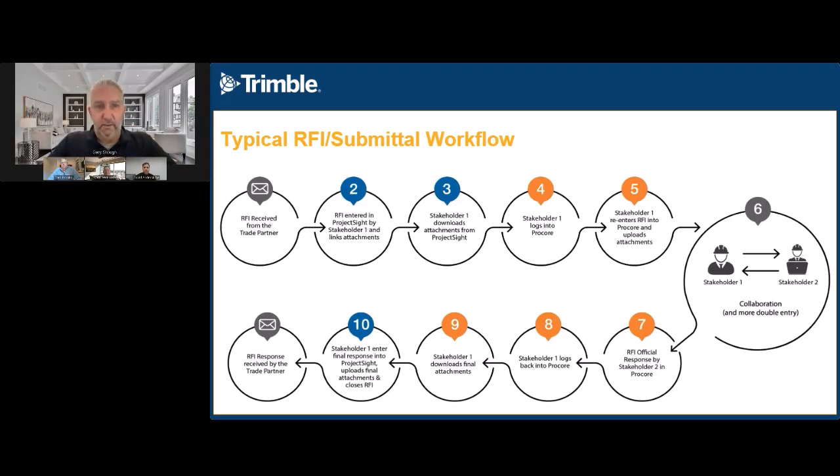We took it from an entity, a stakeholder, entering an RFI into, let's say, ProjectSight, adding the attachments, the links, downloading those, logging into what the other stakeholder was using, which was Procore, re-entering all that information, uploading the attachments and sending it off, waiting on an answer from that other stakeholder, finally getting the answer back, logging in, downloading the answer, getting back into ProjectSight, re-entering the answer, and then sending it out to the person asking the question.